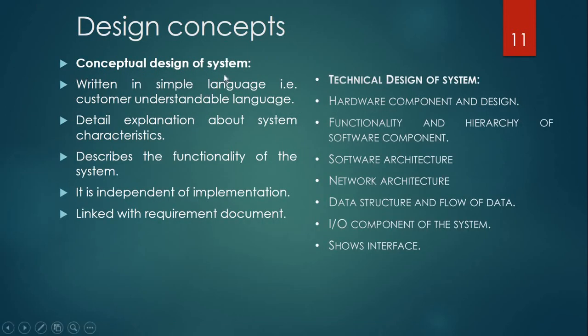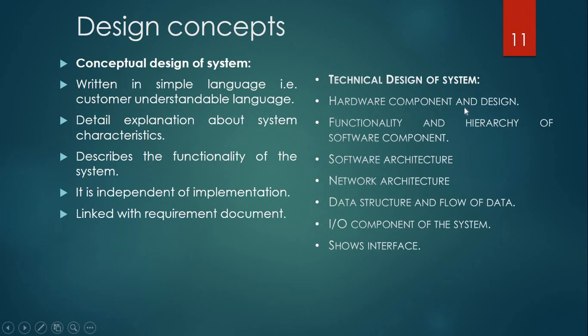Conceptual design of the system is written in simple language, for example, customer understandable language, with detailed explanation about the system characteristics, describing the functionality of the system. It is independent of the implementation and linked with the requirement documentation. At the other end, at the developer side, technical design will be there.